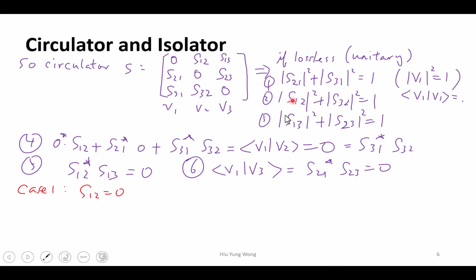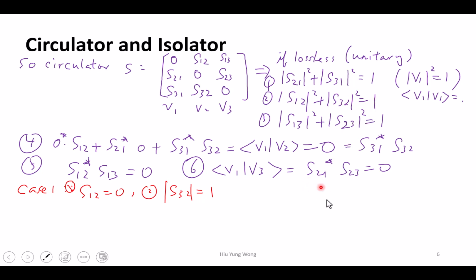If S12 equals 0, then S32 must have a magnitude of 1, from equation 2, this is equation 5. Then I have S32 equal to 1. I just assume magnitude equal to 1. Is this okay? S12 is 0, I assume. Then S32 equals 1.